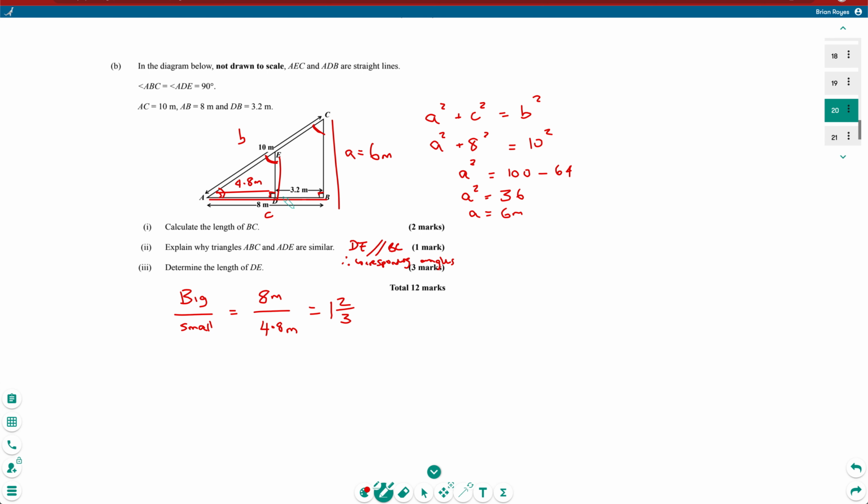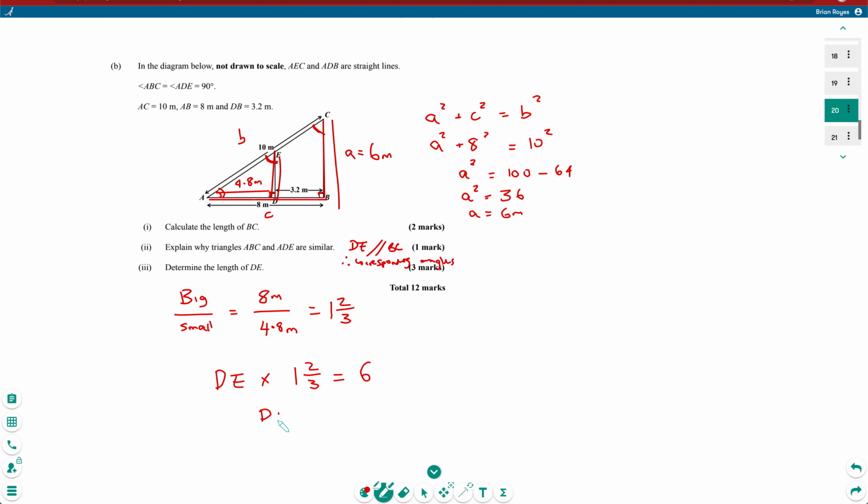So to find DE, we could say that DE multiplied by 1 2/3 is equal to 6 meters. What I'm saying is that this side scaled up by 1.66 would give us 6 meters. And I know that because 4.8 scaled up by 1.66 gave me 8 meters.